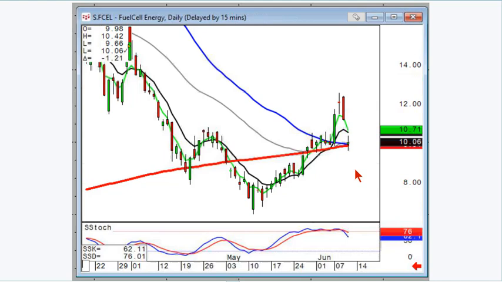Oh, the divergence between, yeah. Just because a commodity is moving in a certain direction doesn't necessarily mean the commodity stocks related to that sector are going to move the same way. They may have already moved in anticipation of that price move.